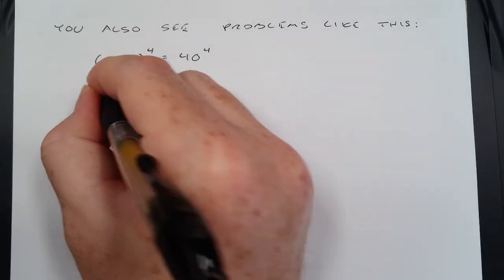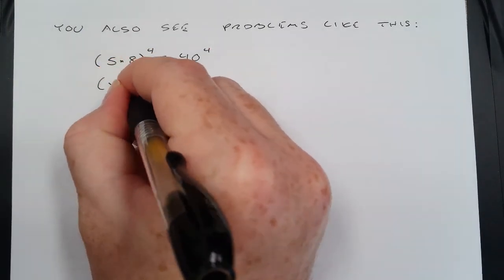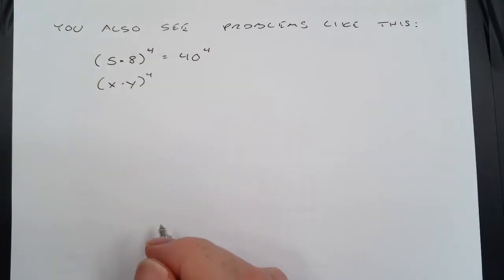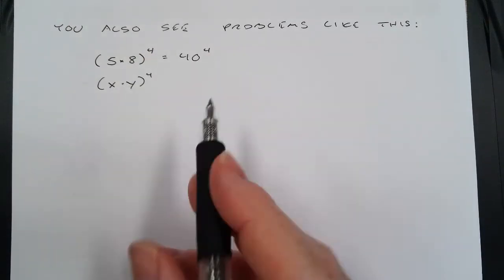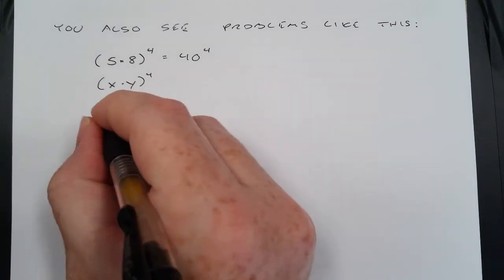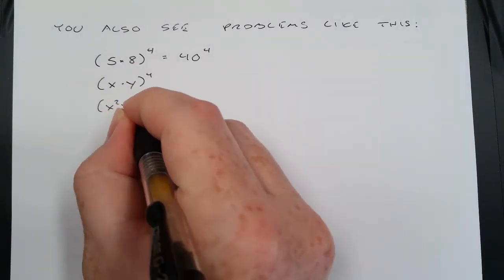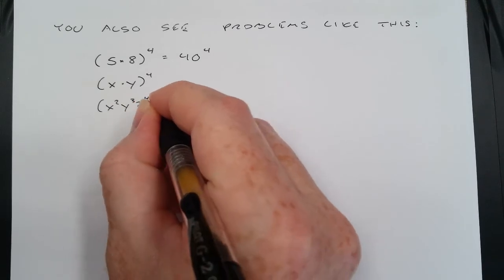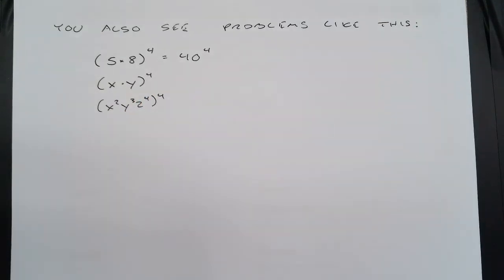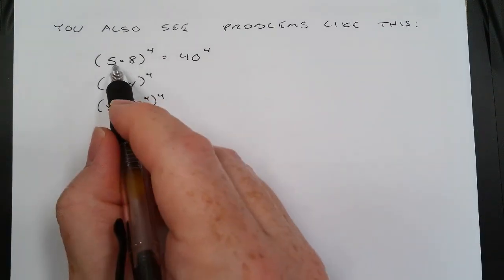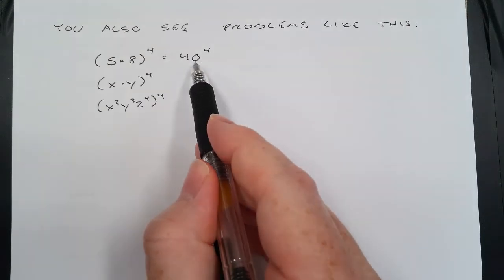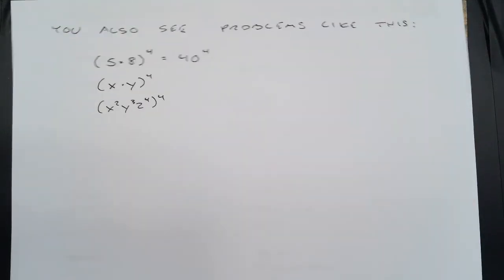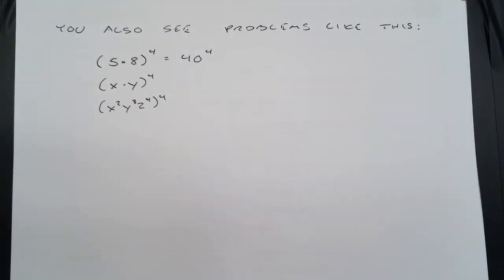But what happens if you have x times y? Is there another way to write this one? What happens if you have x squared y cubed z to the 4th power? It gets more complicated. So do not just try to take a shortcut and multiply 5 times 8. Please, I know that is true, but that's not teaching you the skill we want you to learn.